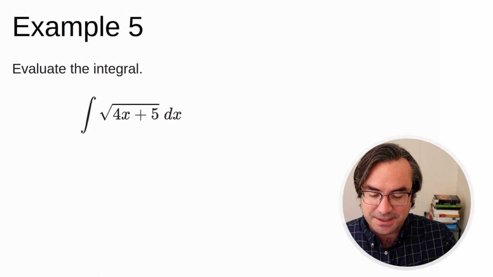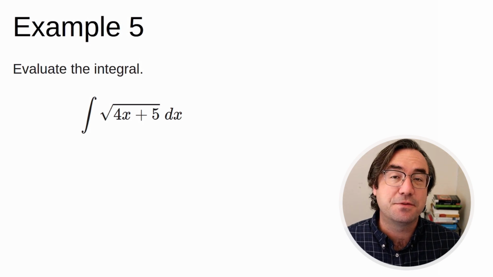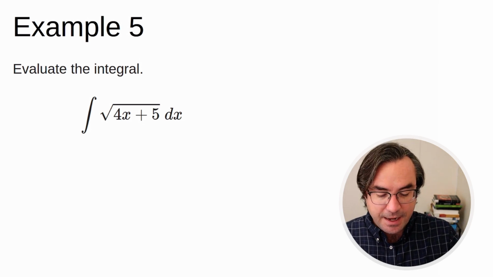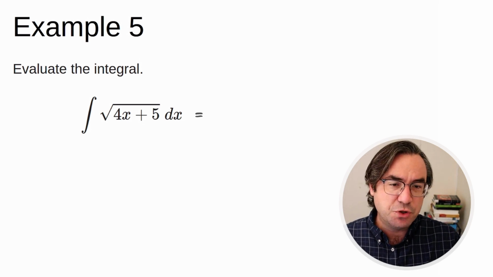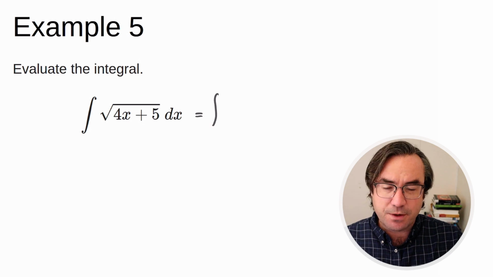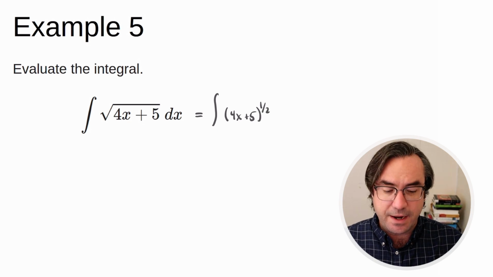All right, so let's try example 5. We're going to find the antiderivative of the square root of 4x plus 5. As usual for antiderivatives and derivatives, we want to rewrite that square root as a power function. So let's rewrite this as 4x plus 5 raised to the 1/2 power.